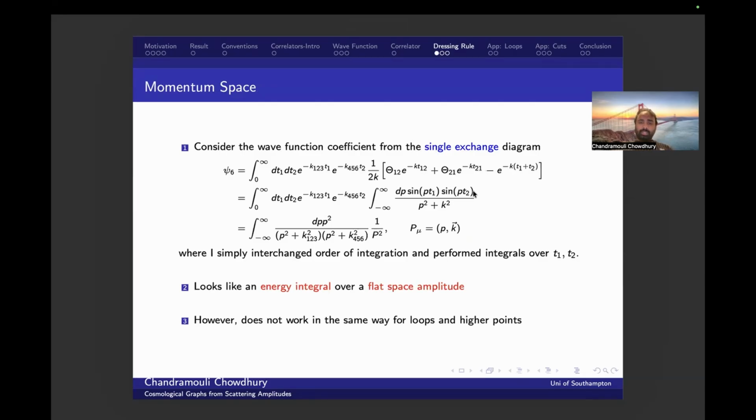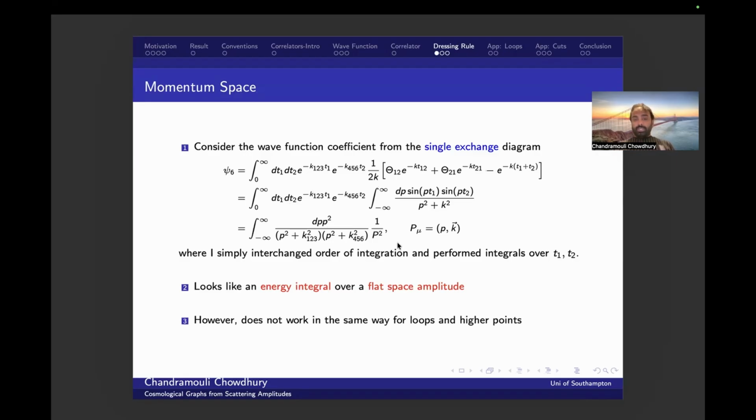By doing this, we can now interchange the order of integrals. Let us say I first perform the time integrals, and then I would get something that looks like this. I have some remaining integral with some rational functions which came by performing the time integral over something that looks like the standard propagator in flat space. So it looks like an energy integral over the flat space amplitude.